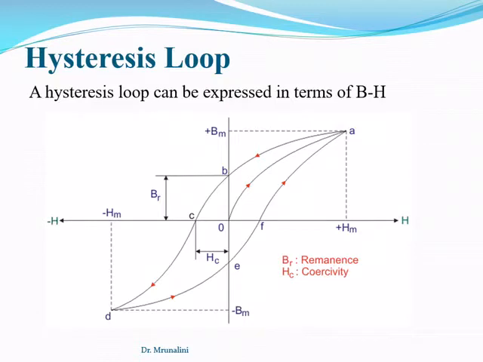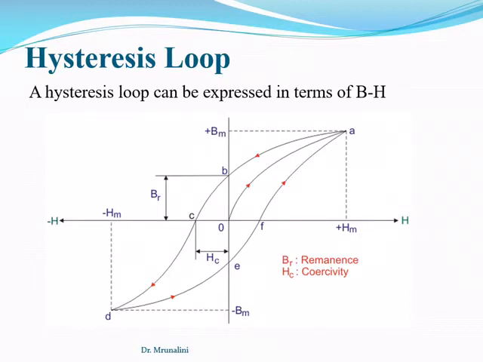An initially unmagnetized specimen of a ferromagnetic substance is subjected to increasing or decreasing magnetic field. The magnetic induction varies as a function of H along a closed loop, which is called a hysteresis loop.